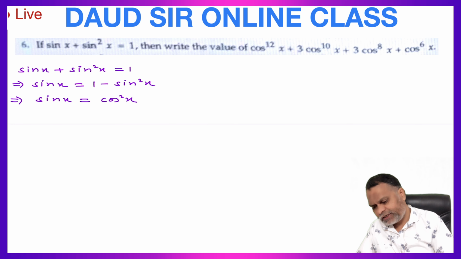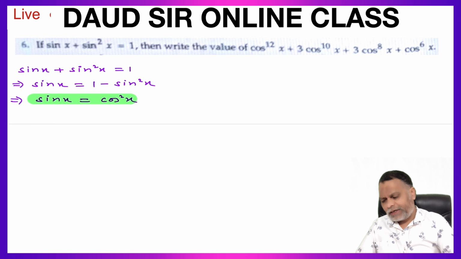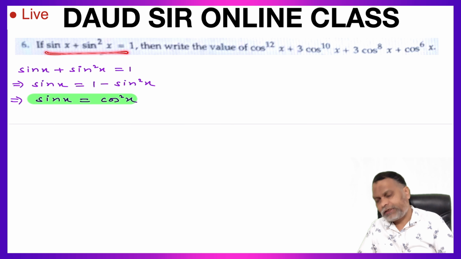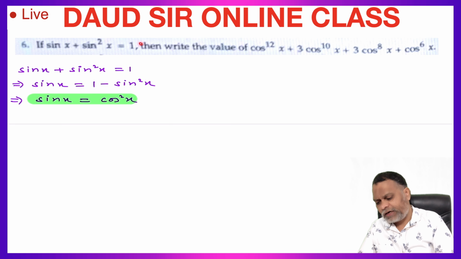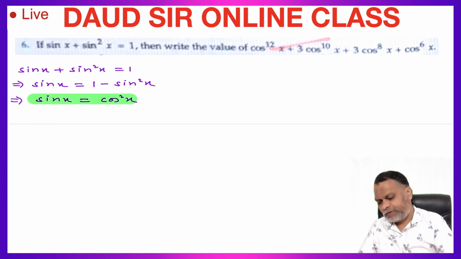So this important result we have got here: sin x is equal to cos square x. Now we can take the given condition again, and here we can put sin x is equal to cos square x, so that we will get the expression in terms of cos x. Then we will get this.